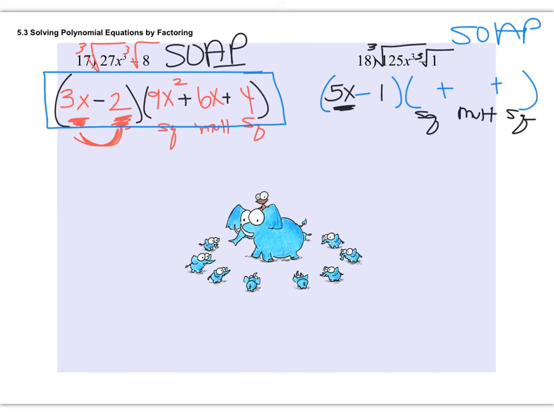So 5x squared, meaning 5x times 5x, is 25x squared. Multiply the two together. 5x times 1 is 5x. Again, I put the signs in right at the beginning, so I don't have to worry about them now. And then square the last one. 1 times 1 is 1.